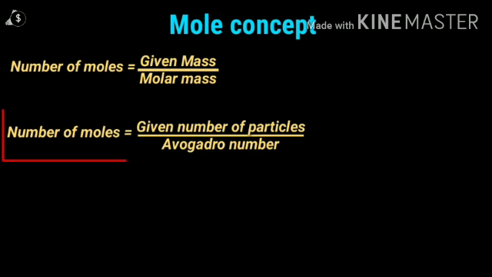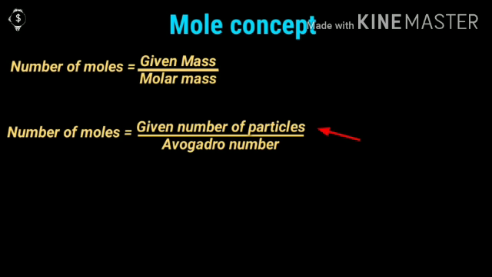So number of moles equals given mass upon molar mass: when mass is given, you use this formula. And if the given number of particles is given, then you use this formula: number of moles equals given number of particles upon Avogadro number. Molar mass you know, atomic mass in grams, and in the first formula either you have to calculate the given mass or the number of moles.